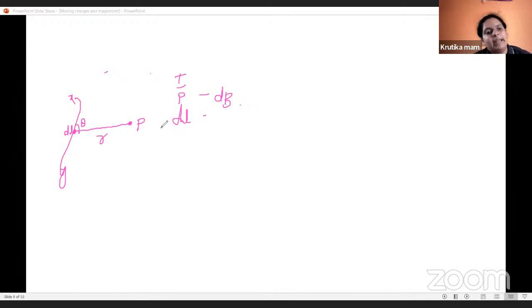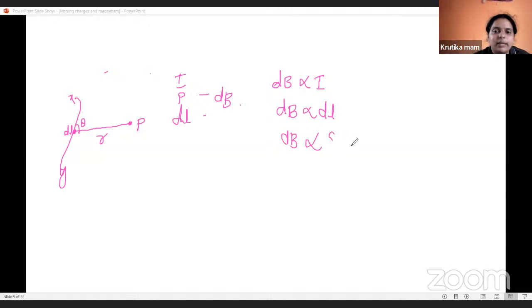So what does the Biot-Savart law define? The magnetic field at point P is directly proportional to the current in the wire. It is directly proportional to dl, the length of the current element. It is directly proportional to the sine of the angle between the point P and the current element, that is dB is proportional to sine theta.